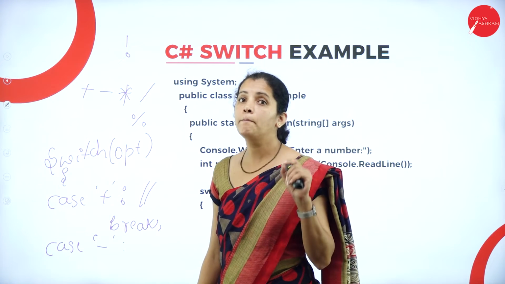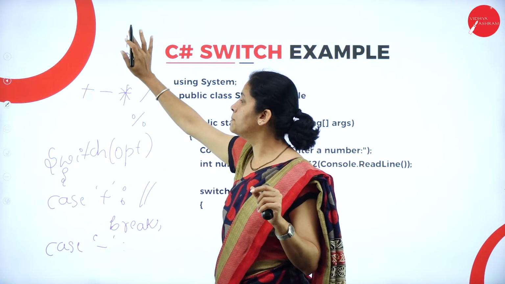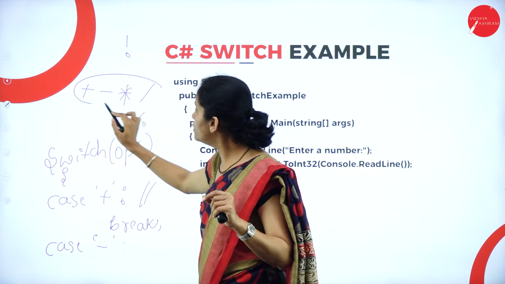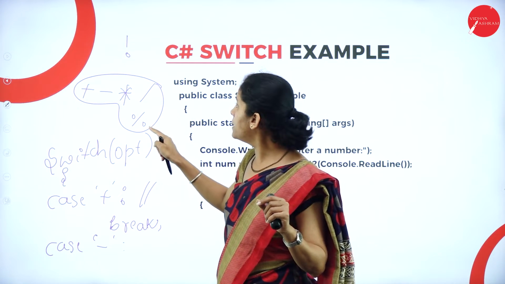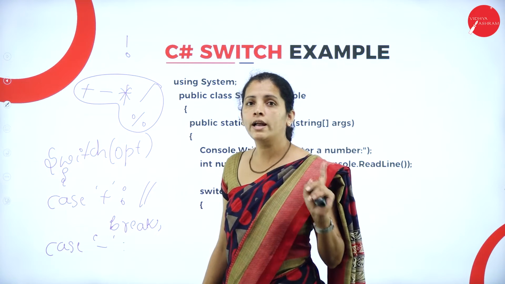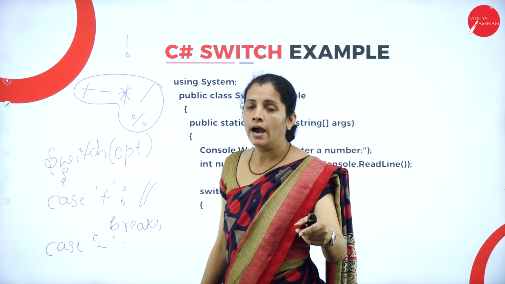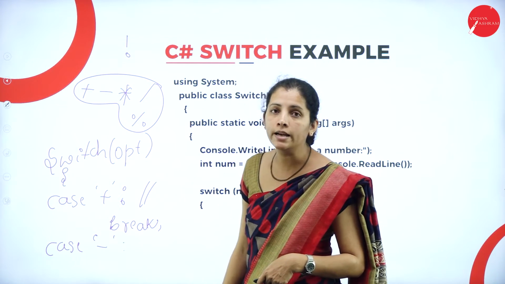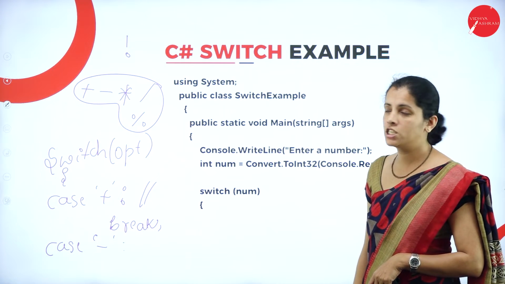I want to get some message, and I'm going to write this message in my default part, because here I can use only 5 symbols, and if I press the exclamation symbol, then it's not an option. So what I want to do here is give the information. And what information do I want to provide here? That is nothing but invalid operator. So this is the way I can use the switch statement.